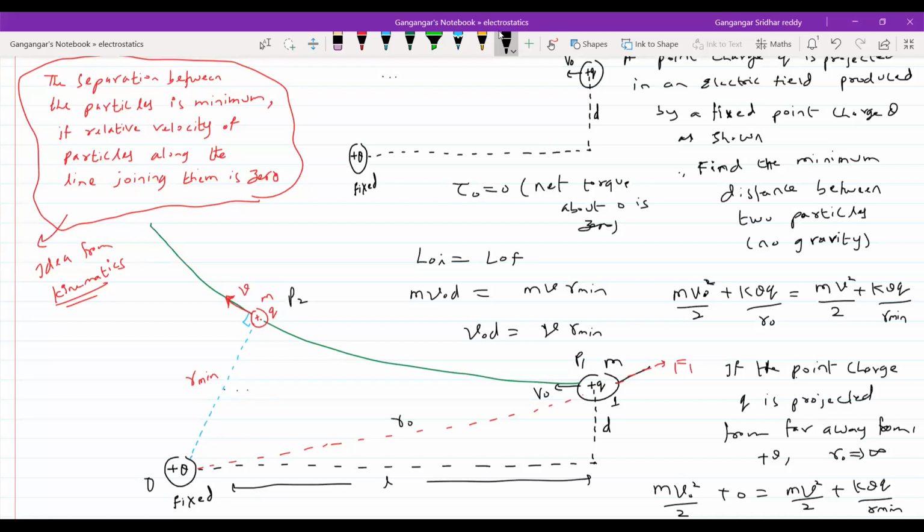Or else you should give that L; if you know L, then we can get R naught and solve it. Most of the books have taken that to be at infinity and worked it out, because it is not mentioned.